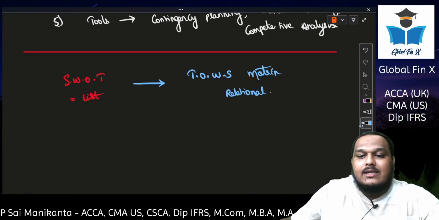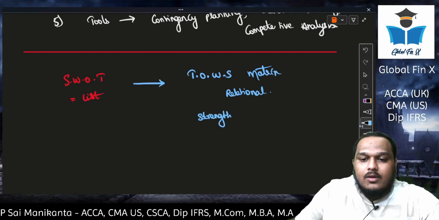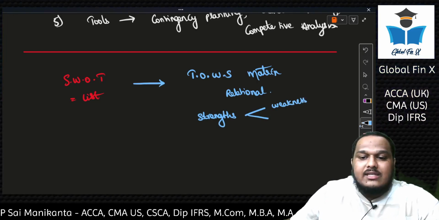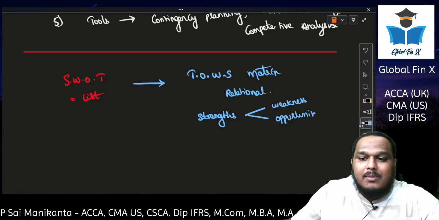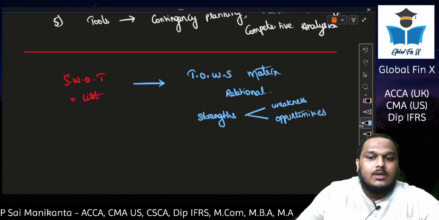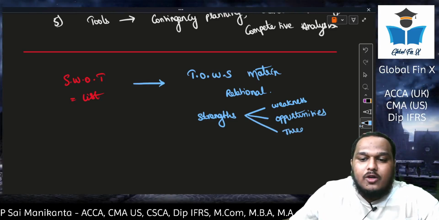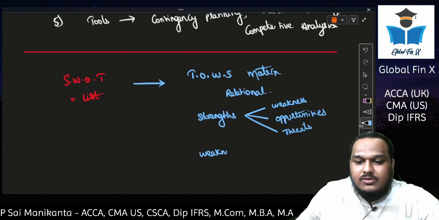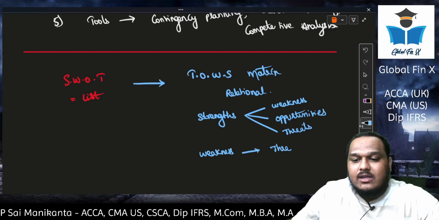Basically it will tell you strengths should be used to overcome your weaknesses, and strengths should be used to exploit the opportunities in the market, right? And strengths should be used to protect you from your threats, and similarly your weaknesses should be saved from the external threats.